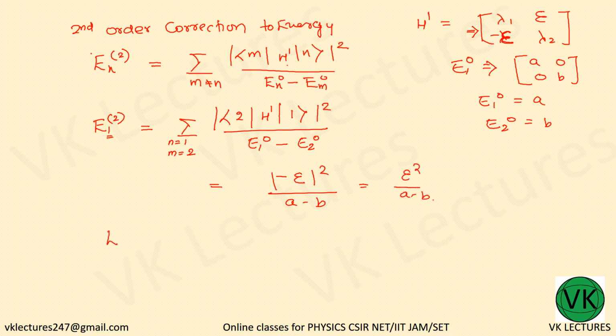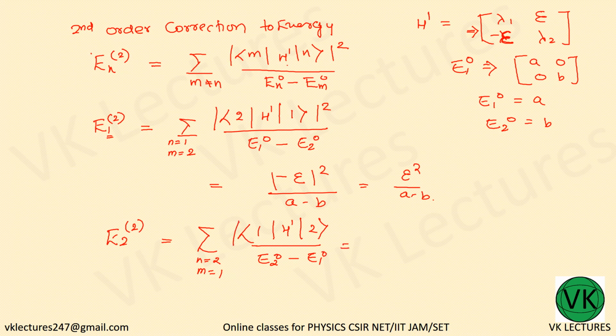Now what about E2 of 2, which means the second order correction to the second state. So the sum where n equals 2, m equals 1: 1 h dash 2, squared, divided by E2 naught minus E1 naught.